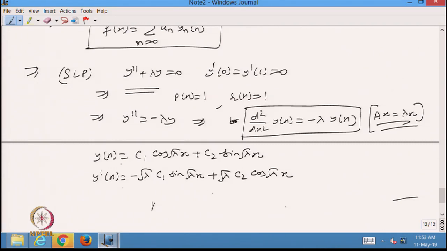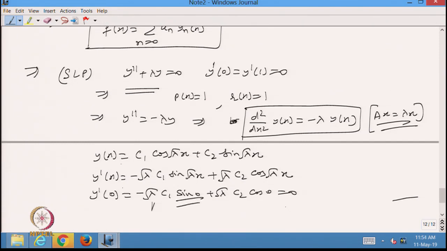From here I can put the boundary condition y dash at 0. So, this will be minus under root lambda C1 sin 0 plus under root lambda C2 cos 0, and that value is equal to 0.